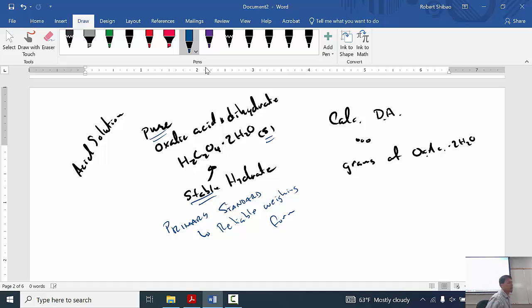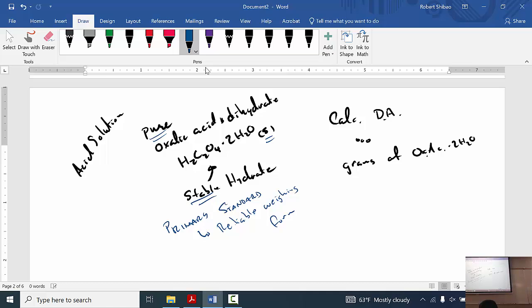Yeah, right, solid. So for example, measuring volume, is it very easy to do compared to measuring mass? What's easier? Mass. Let's say you're weighing 10 grams of solid on the balance.